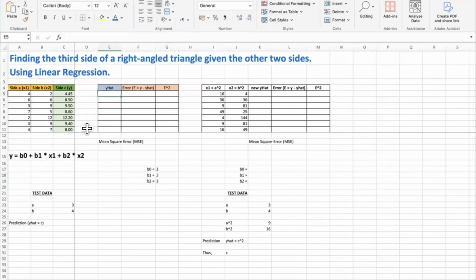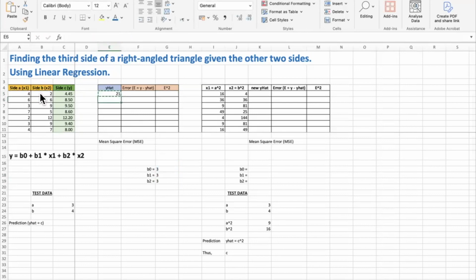So according to this formula, y hat should be equal to b0, we will fix it, plus b1, we will fix this also, into x1, that is this one, plus b2, we will fix this, into x2, that is side B. So this is the value of y hat.